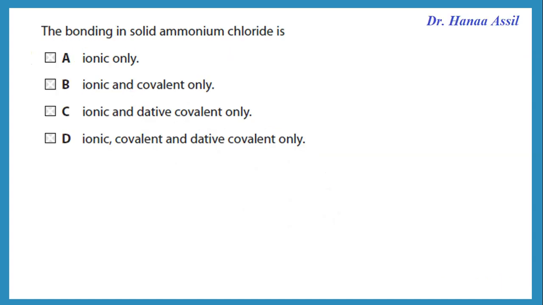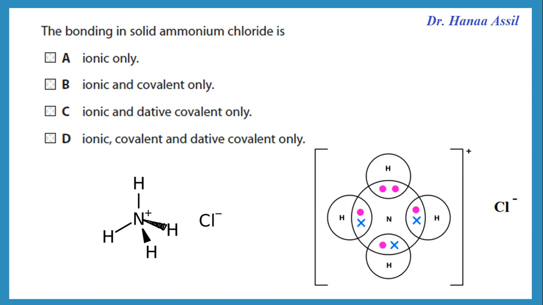The bonding in solid ammonium chloride is what? Again, ammonium chloride. But here we're not just talking about ammonium, we're talking about ammonium chloride. So you should realize that between the ammonium and the chloride, it's ionic.